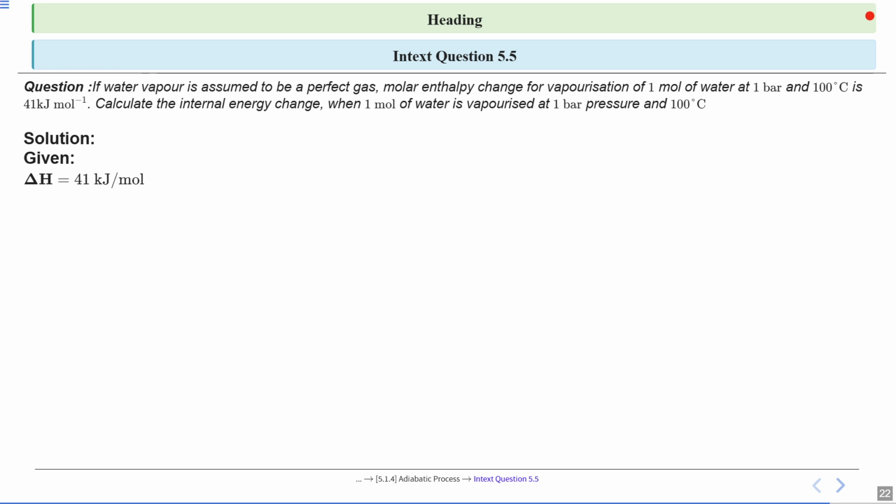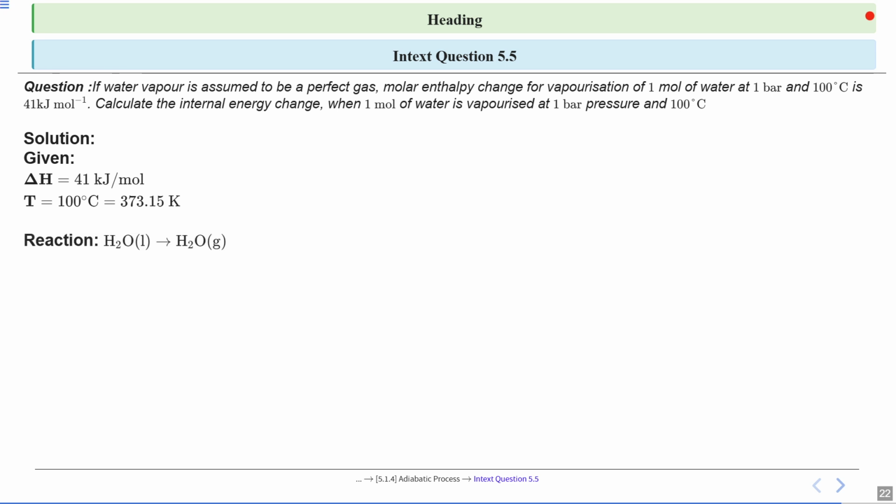This is the enthalpy change during the process. What is the temperature change? There is no temperature change. It is all happening at 100 degrees Celsius, so we can write the temperature as 373.15 Kelvin.